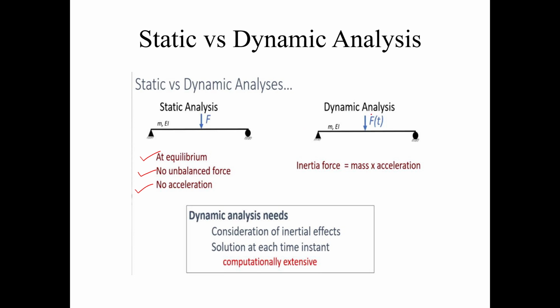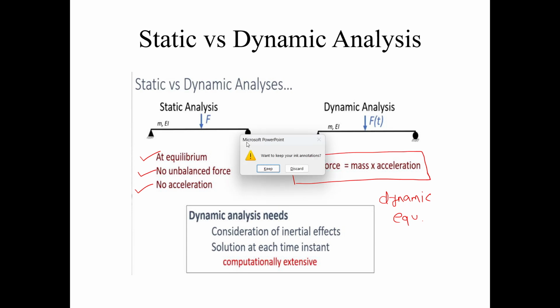But in dynamic analysis, as our body is accelerating, we have to consider the inertia force, which is equal to mass times acceleration, so that we can have the dynamic equilibrium. So that is the basic difference between static and dynamic analysis. I hope the concept is clear. If you have any doubt, you can ask me.